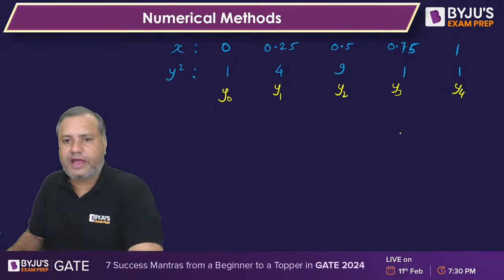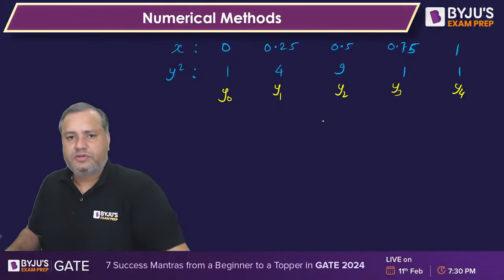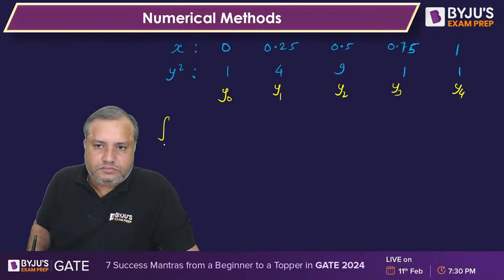Which rule are you applying? Here n equal to 4, that is even, so Simpson's 1/3 rule. From 0 to 1, the function is y square.